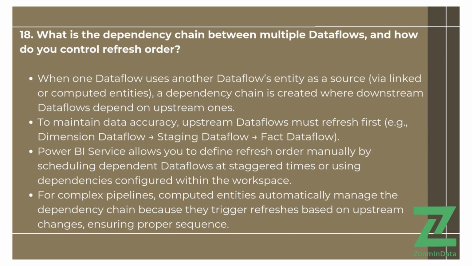To maintain data accuracy, upstream data flows must refresh first, for example dimension data flow, then staging data flow, then fact data flow. Power BI Service allows you to define refresh order manually by scheduling dependent data flows at staggered times or using dependencies configured within the workspace.